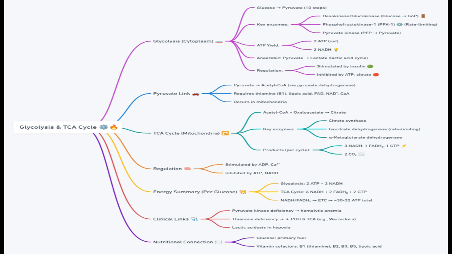So remember the 8 steps of the citric acid cycle. Step 1 is irreversible. Step 3 is irreversible. Step 4 is irreversible. And 4 out of the 8 steps are oxidation reactions. Energy is being conserved by electron transfer to FAD or NAD plus, forming FADH2 or NADH.